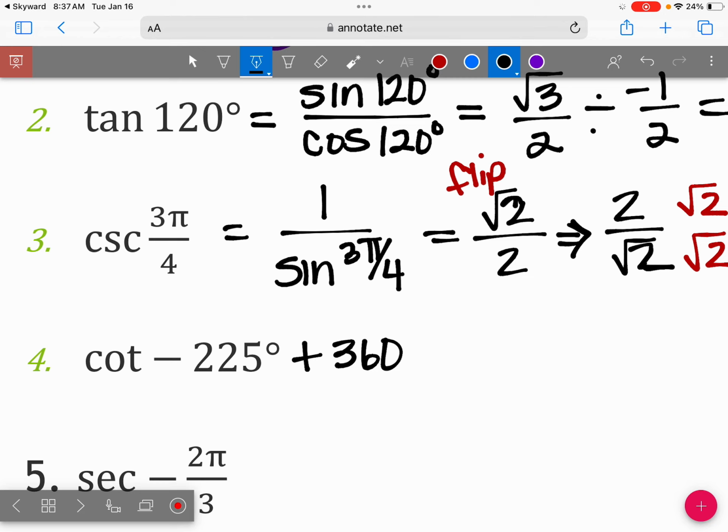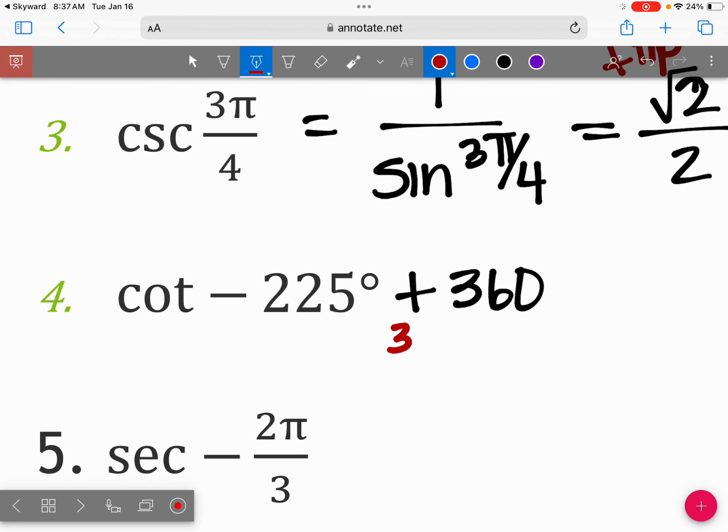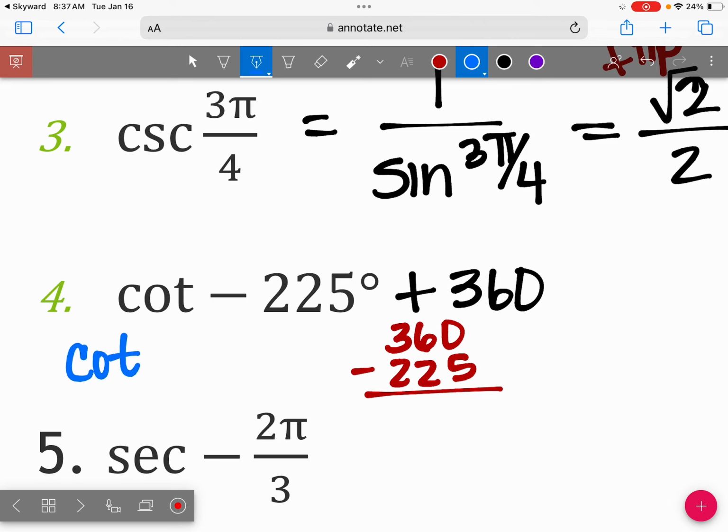Because remember, our unit circle is not negatives, it's positive. So I'm going to add 360 so I can figure out what is negative 225 as a positive angle. So we take 360 minus 225. Go ahead and do that. See what you get. Oh, 135. We have to borrow from the 6, which becomes a 5, and this is a 10.